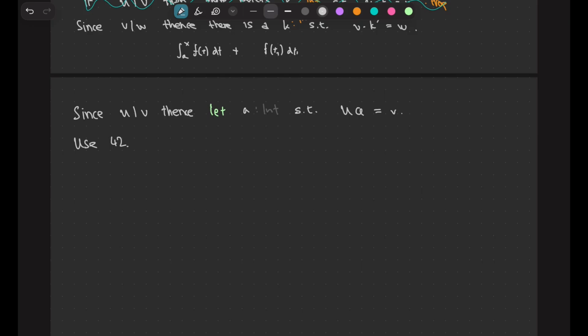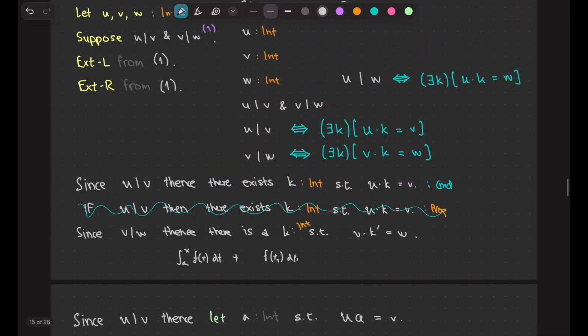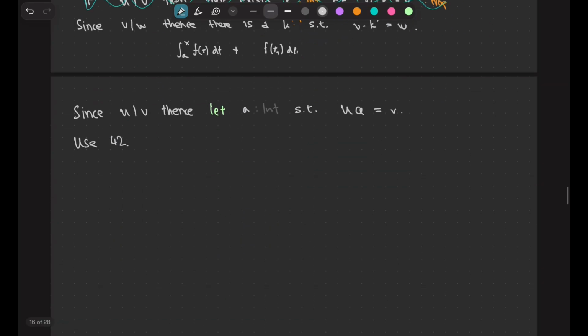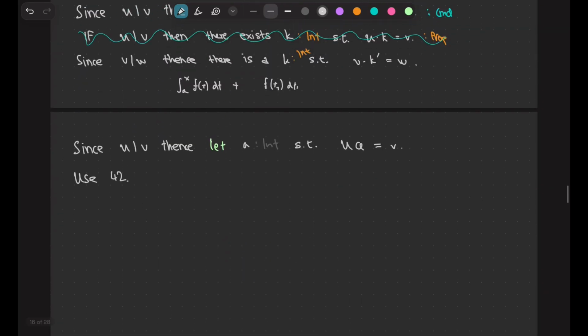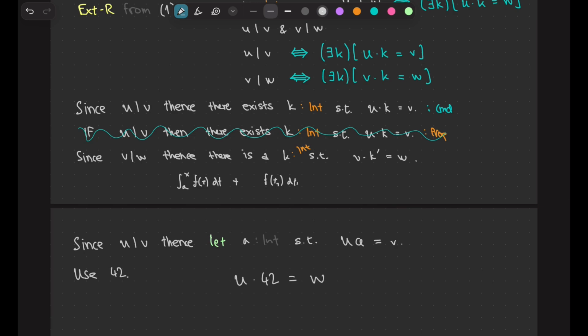Now in the goals we get the atom with the 42. It's not an alpha, it's a k, and yes. Okay, so if I do that, my goal now becomes to show that u times 42 equals w. I will not manage to do that. It's a bad move, but it's a valid move.